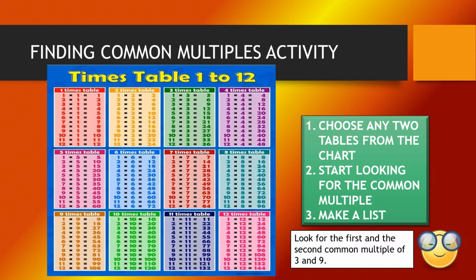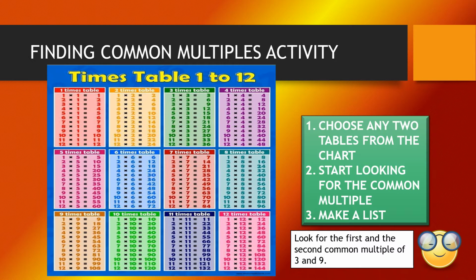So the question is, look for the first and the second common multiple, minimum. You can go for more, of 3 and 9. This is the activity that I am giving you. So let me clear it to make it neater for you. And shall we begin? I'll not take 3 and 9 because that you have to do. So let me look for the common multiples of 5 and 10.